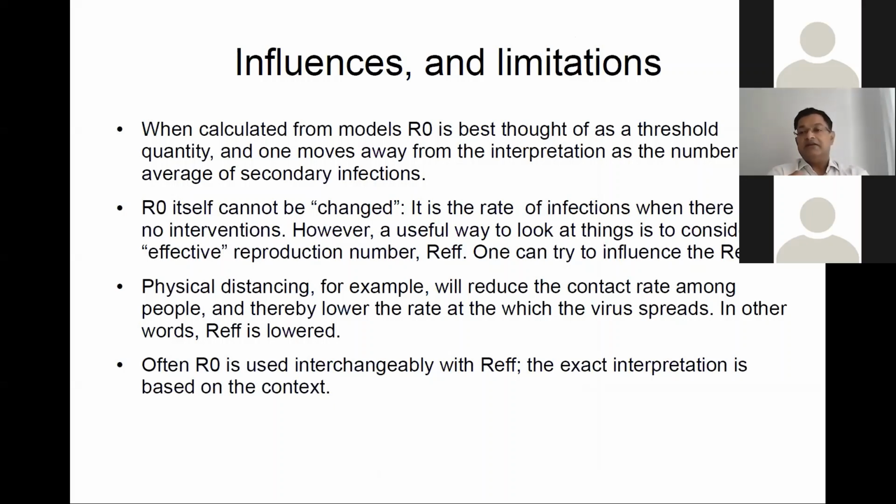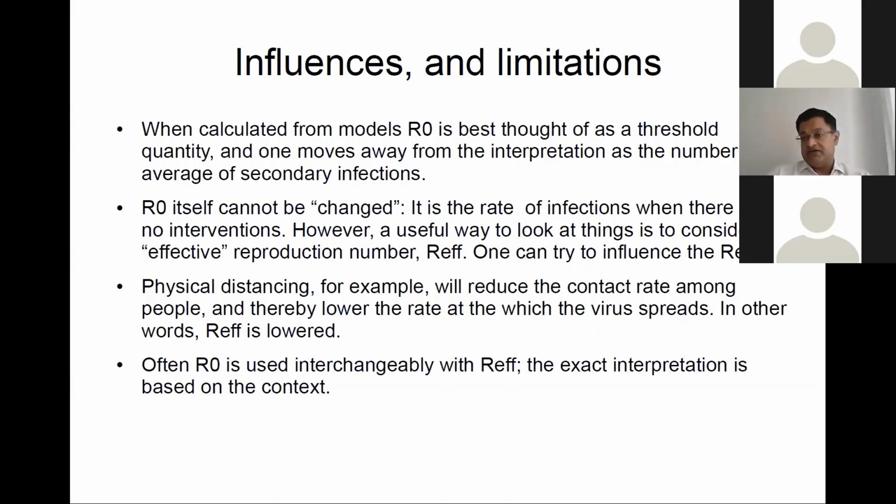Now, when we talk about R0 as this basic reproductive number, it says how many secondary infections one infected person is likely to cause. That's one way of looking at it. Another way of looking at it is in the threshold sense. When you calculate R0 from models, which we'll do in a minute, R0 is thought of as a threshold number, and what you really care about is whether or not R0 is greater than 1.